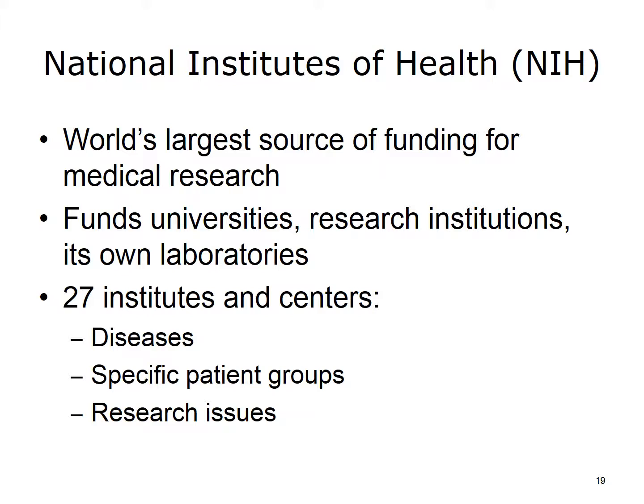The NIH is organized into 27 institutes and centers, many of which focus on diseases or body systems. Some well-known examples are the National Cancer Institute, the National Institute of Mental Health, and the National Institute of Diabetes and Digestive and Kidney Diseases.